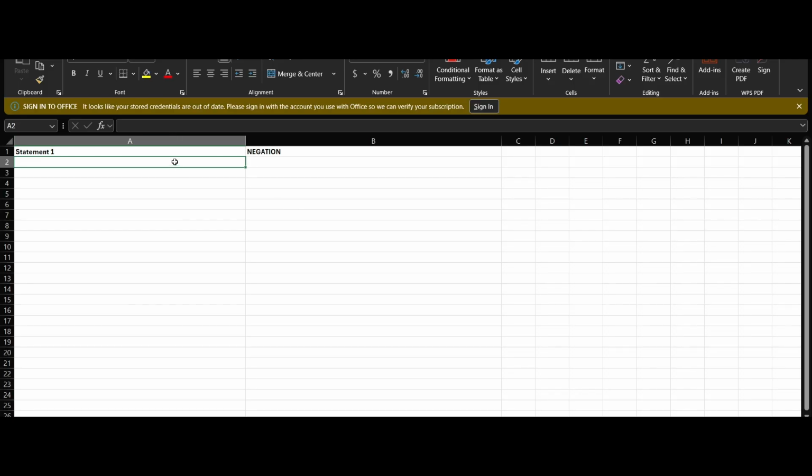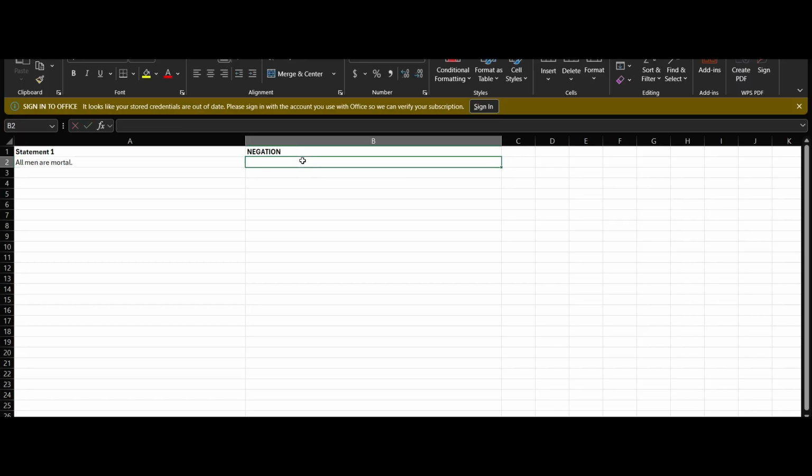So let's say, let's extract one of the premises that are inside that syllogism that I just showed you earlier. Let's say the statement is all men are mortal. Therefore, the negation for this, and there are actually signs for this, but we'll get to the signs later.